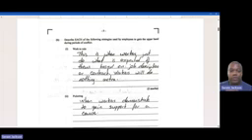The next question, part B of question 1, says: describe each of the following strategies used by employees to gain the upper hand during periods of conflict. We have work to rule and picketing. Work to rule is when the workers just do what is expected of them, based on their job description. They don't do anything extra.